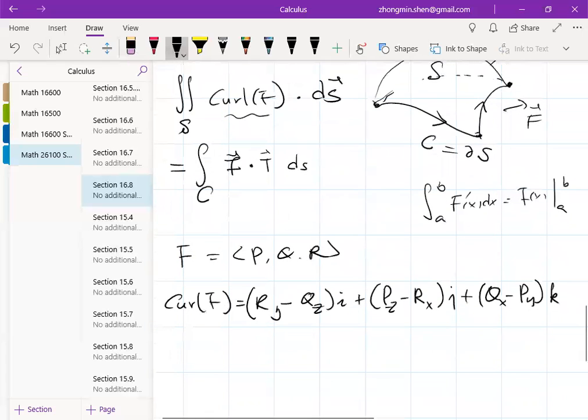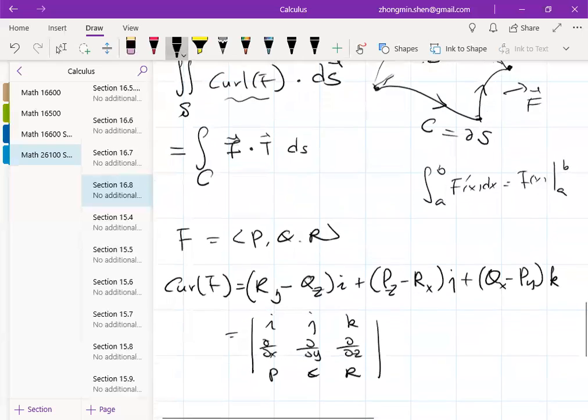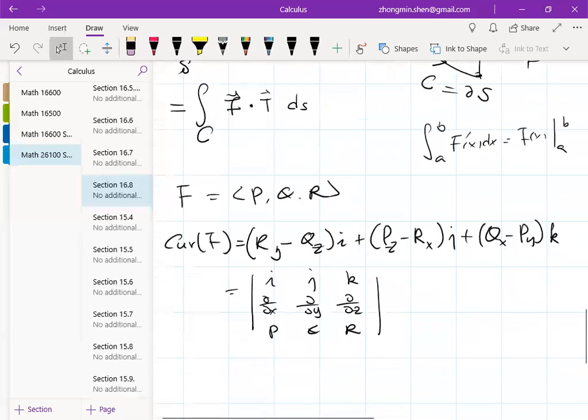But if you really forget these details, you should know how to find the determinant: i, j, k, then partial derivative with respect to x, y, z, and then P, Q, R. It takes about 20 seconds. You can write down the above formula.